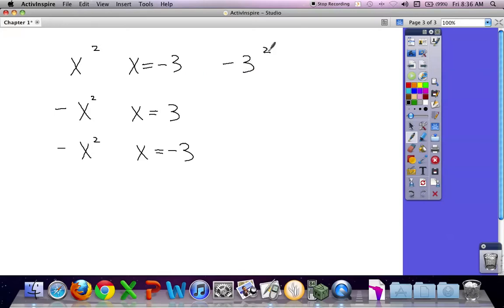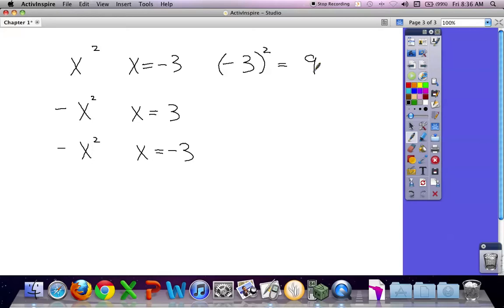You have to be careful that when you do that, you're squaring both the negative and the 3. If it helps, put it in parentheses to make that clear. We know that a negative times a negative is a positive number, so this should be 9.